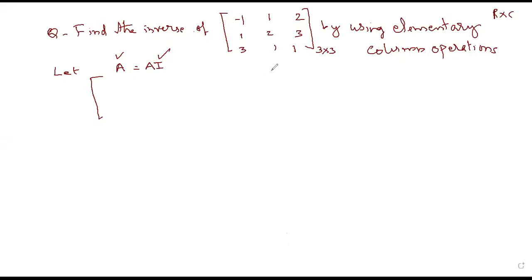To find the inverse by using column operations, here we will write A is equal to AI. And as I told you, we always write first row and then column in order also. So I is written after A because we are going to apply the column operation. In row operations, I will come on the left side. Now it will come on the right hand side. This is very important.